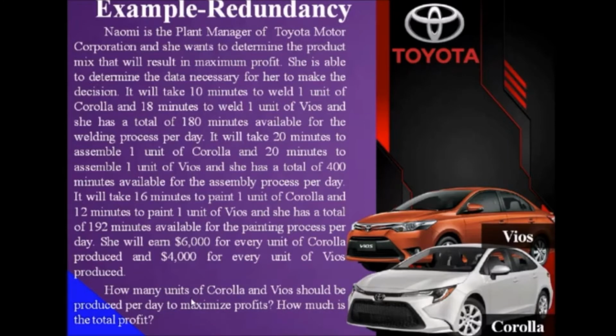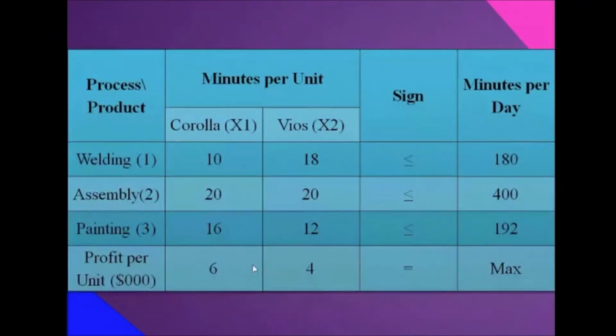So, meaning our problem for this topic is all about maximization. So, let's have our table. As you can see, it is almost the same as our problem with Honda. Our constraints are the processes, which are welding, assembly, and painting. Welding is the first, assembly is considered the second constraint, and the third constraint is painting.